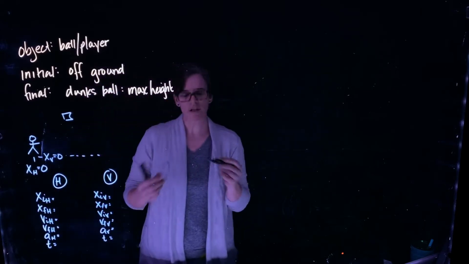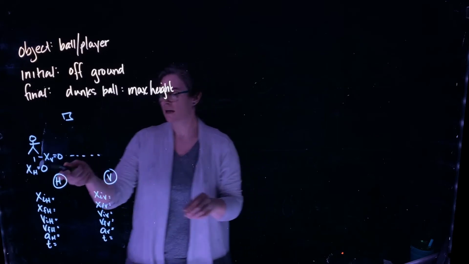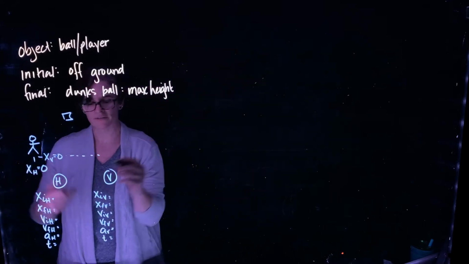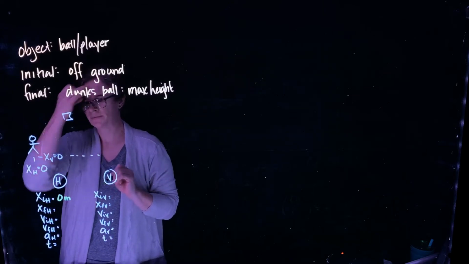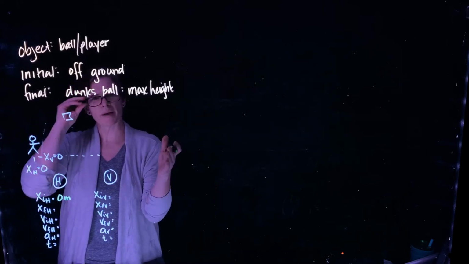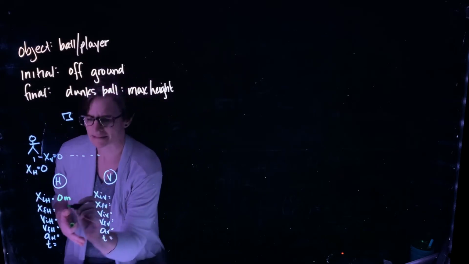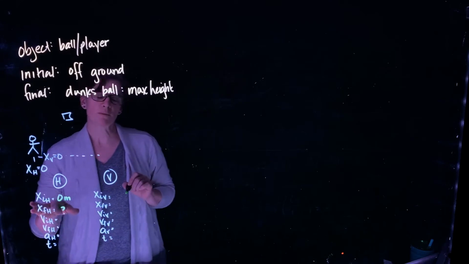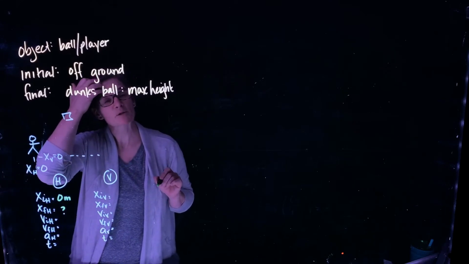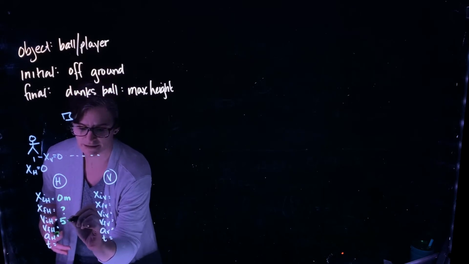Okay, so what do we know and what is implied? Well, we know that our initial position is where we've defined the origin. So he starts at 0 meters. We aren't sure exactly where the basketball basket is, so we don't know his final position. We're told in the problem that he's running at 5 meters per second and he maintains that velocity when he dunks the ball.